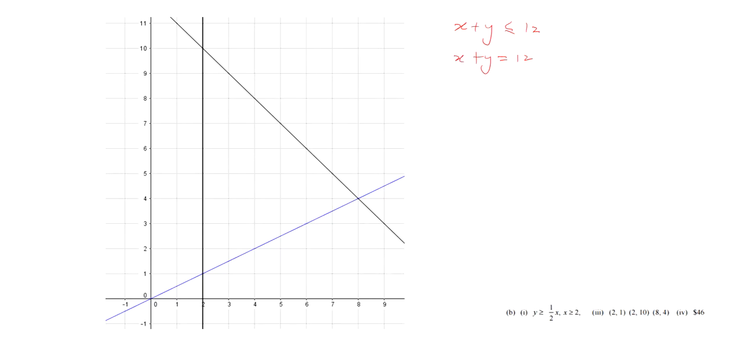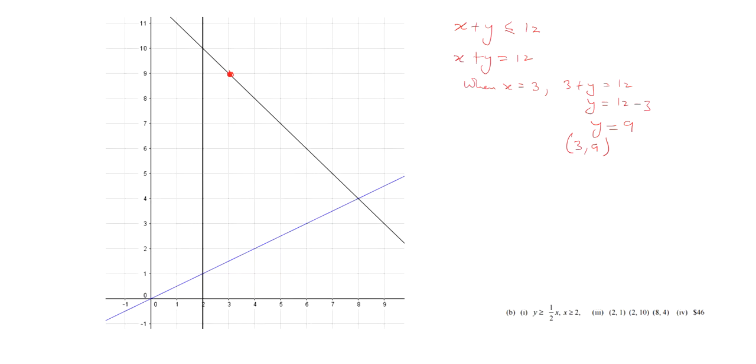Let's say when x equal to 3, we end up with 3 plus y is equal to 12. Therefore y is equal to 12 minus 3, so y is equal to 9. So this point is 3, 9. So 3, 9 is this point here.